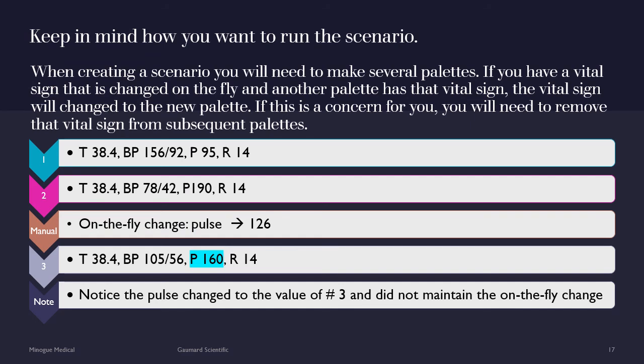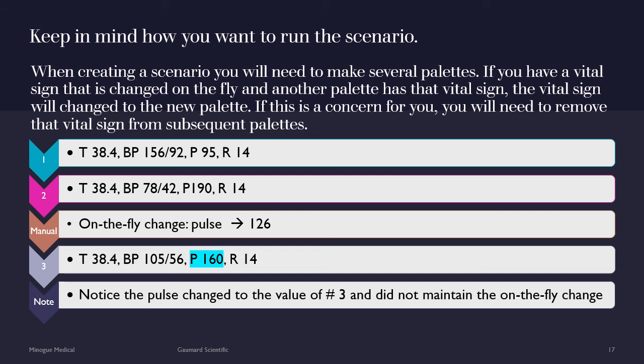Now, keep in mind when you are running a scenario that if you make several palettes and you have a vital signs change that is done on the fly, that means in the middle of your scenario, your learners did something that you didn't expect, or that you want to change the vitals to, like the pulse, to something else because they did something, and you want the pulse to reflect that action, go ahead and make that change.